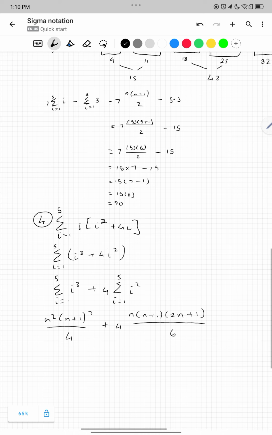So we have 5 squared, 5 plus 1 squared all over 4, plus we have 4 times 5, 5 plus 1, times 2 times 5 plus 1 all over 6.